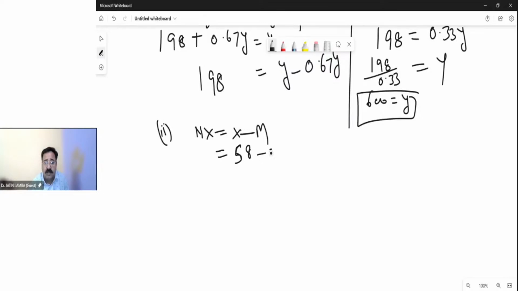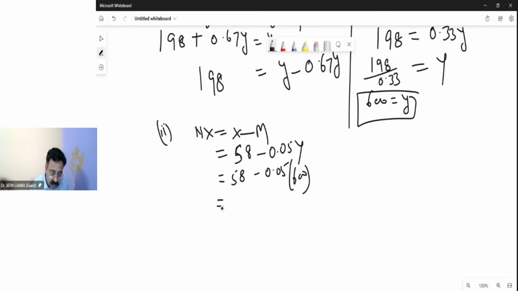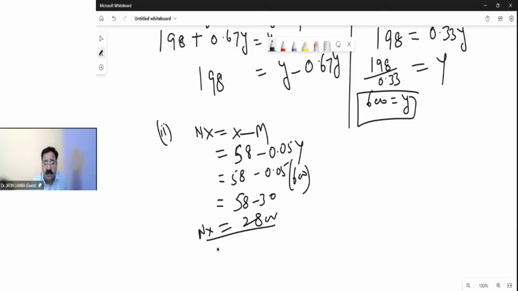Minus import was given 0.05 Y. Now Y we have already found. Put the value of Y, 0.05 of 600, that is 30. So 58 minus 30. So net export is 28 crore.